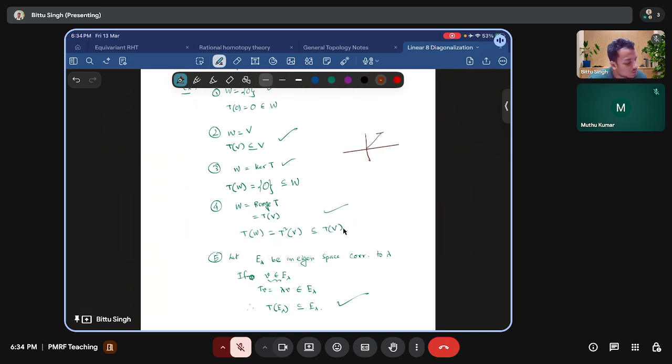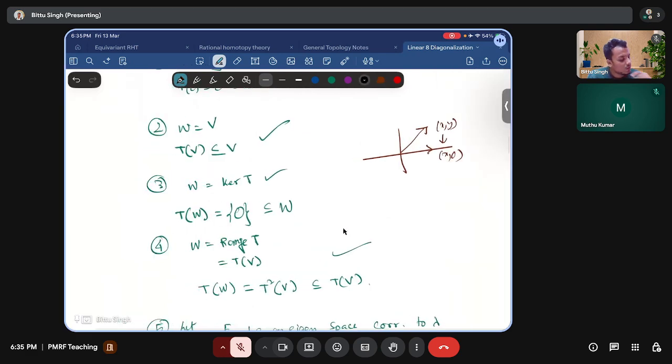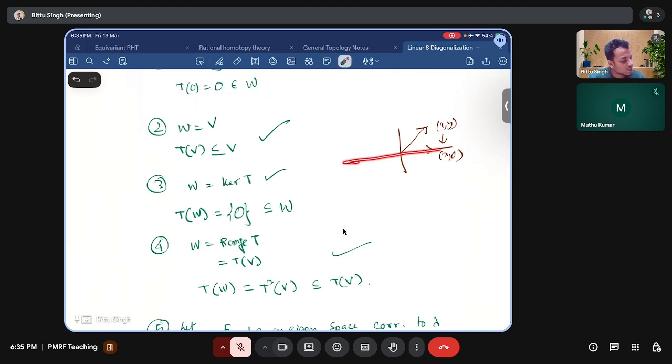Consider this kind of projection. T projects a vector (x, y) to (x, 0). Then it is clear that all the elements on the x-axis will be T invariant. That is also the same as this, because all the elements map to this x-axis, and the x-axis is the range.